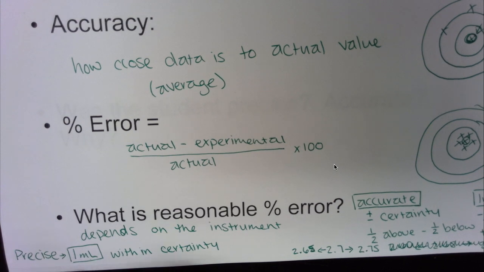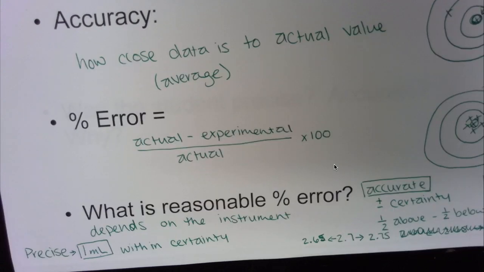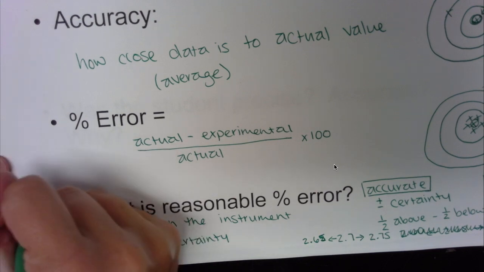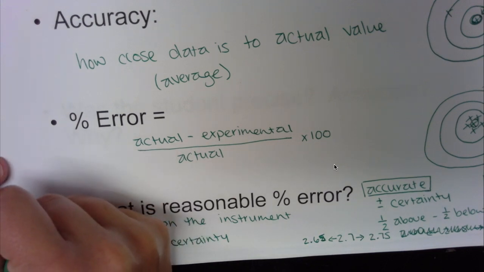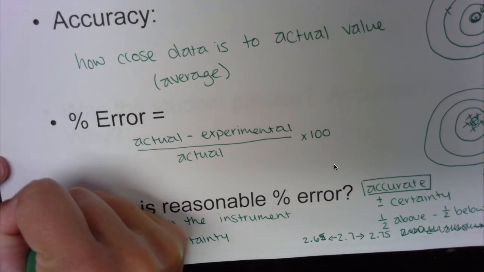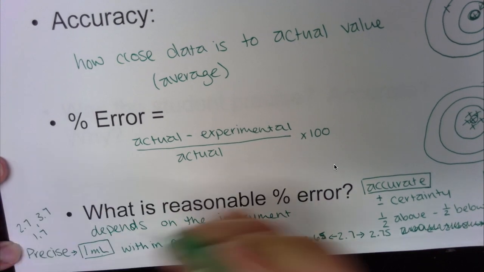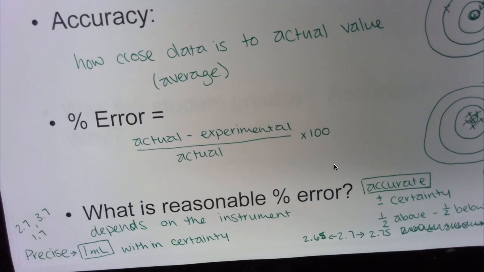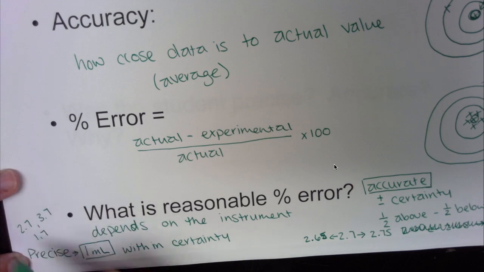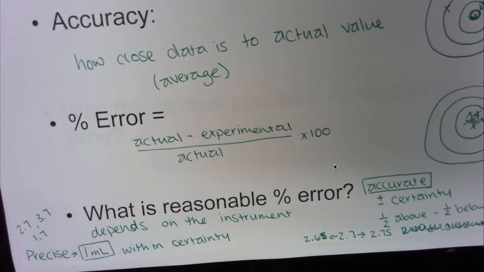So you could go a milliliter above or below or within each other. So if we still had to get 2.7, and you got 2.7, 3.7, and 1.7, all of those would still be precise. They're relatively close to each other and within that certainty.